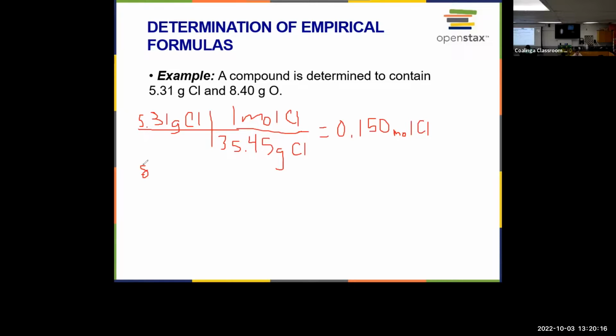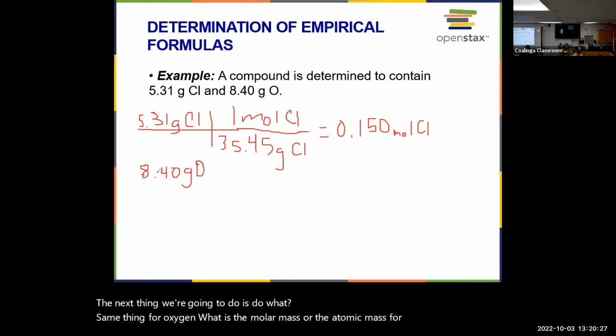Okay. The next thing we're going to do is the same thing for oxygen. What is the molar mass or the atomic mass for oxygen? 16.